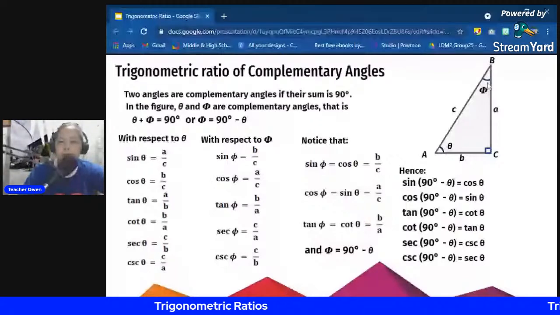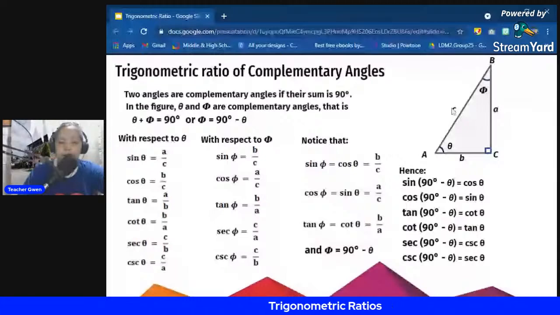Then cosecant phi, the inverse of sine, is equal to c over b, hypotenuse over the opposite. Okay, take note.